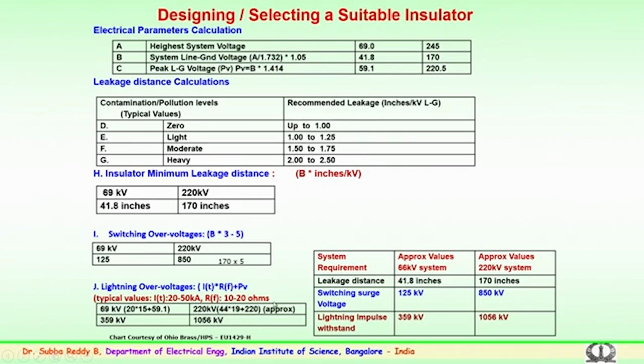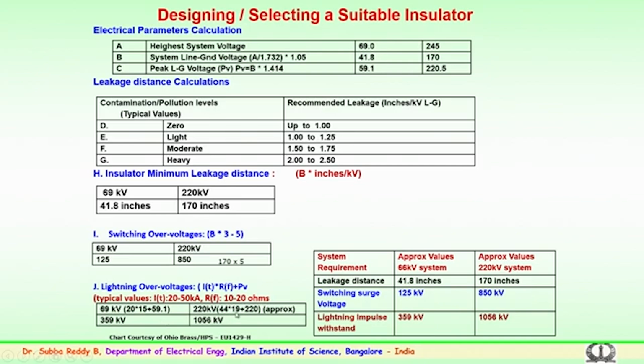Next, for calculation or designing for lightning over voltages, this simple formula is considered here, where the current is multiplied by the resistance and the value of PV is taken for the calculation. The typical value of current in case of a lightning strike is taken anywhere between 2 to 50 kilo amps for a transmission system, and during that period the resistance is likely to be anywhere between 10 to 20 ohms.